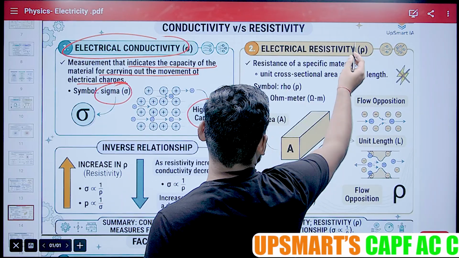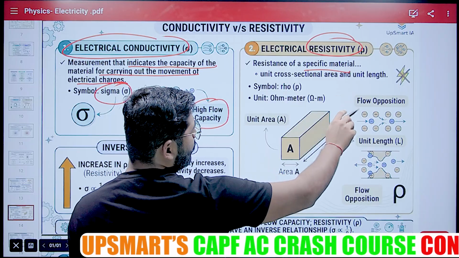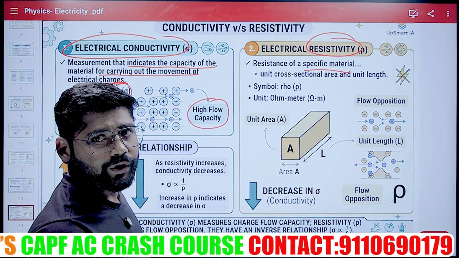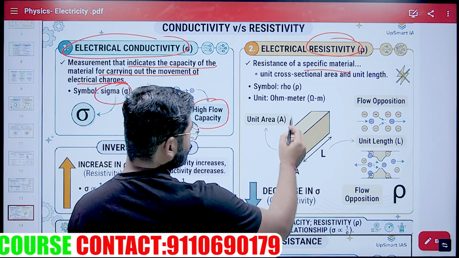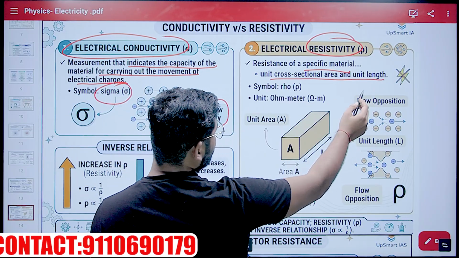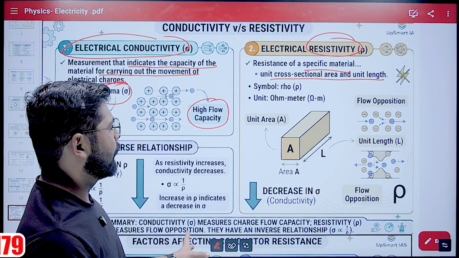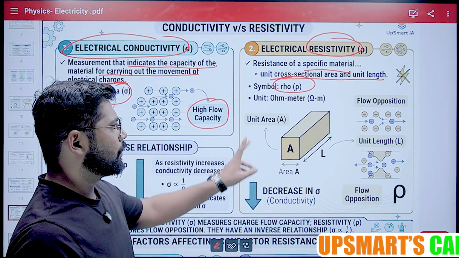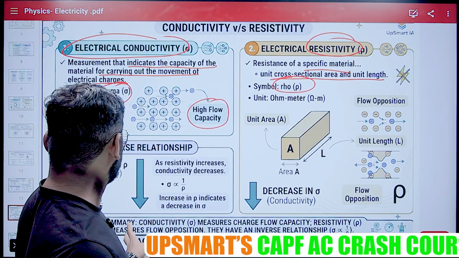And when it comes to resistivity, it is the specific resistance of a specific material, meaning it will resist the flow of electric charge. It depends on the cross-sectional area and the unit length, which we'll see in the next slide. We denote it as rho, and the unit is ohm meter.